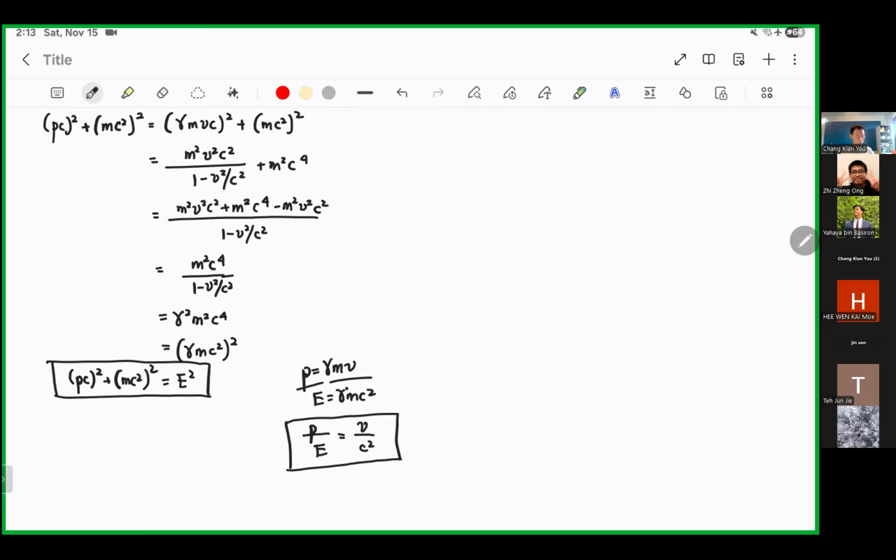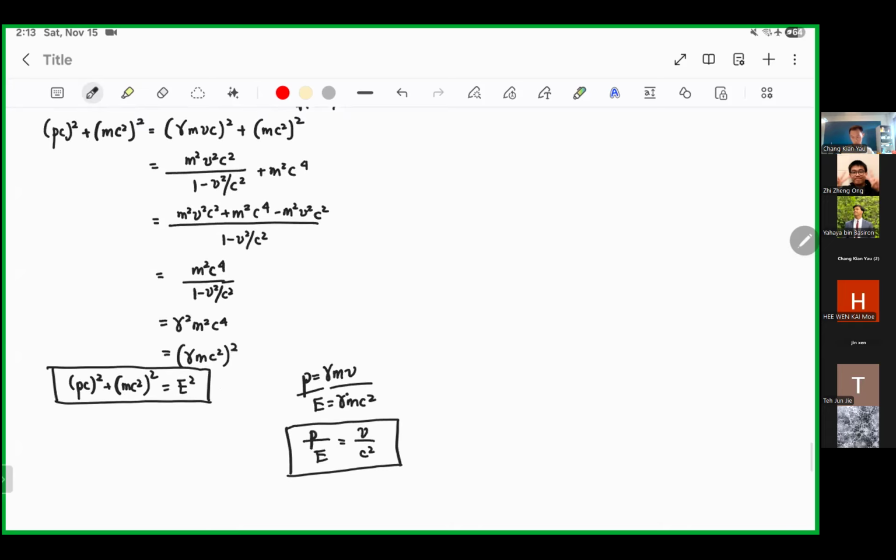Also, one thing to note is that if you use some textbook, you might see them setting c equals 1 just to make the algebra easier. That's something physicists do because you can easily recover the units themselves.